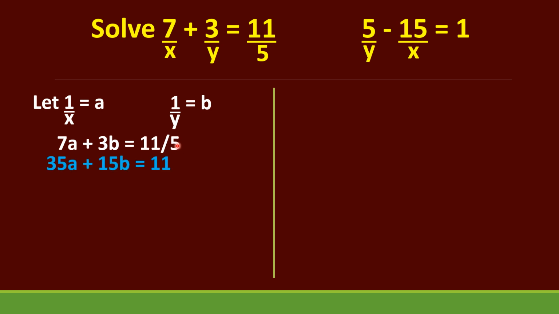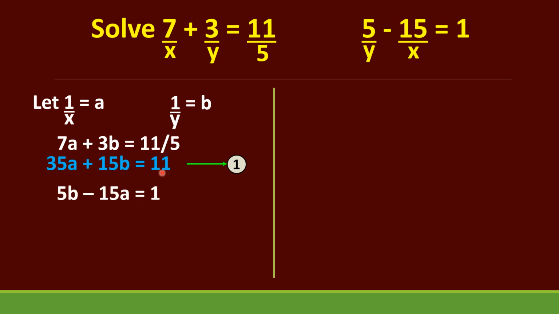This 5 can be taken to this side and multiplied with both these values. So 7a into 5 is 35a and 3b into 5 is 15b, equal to 11. That is how we get 35a + 15b = 11.